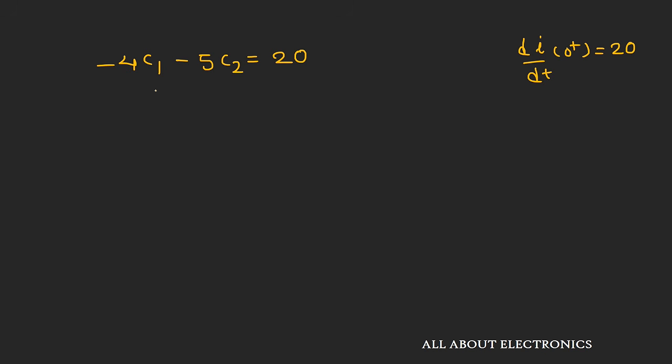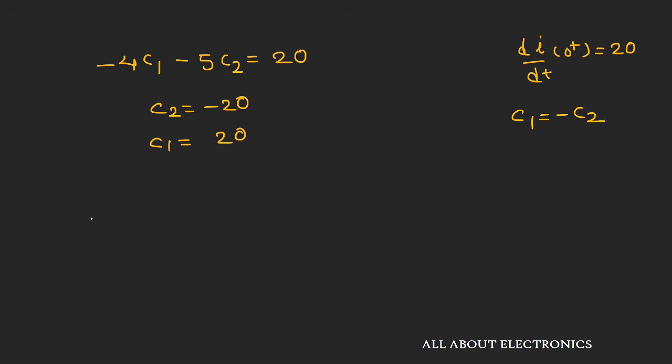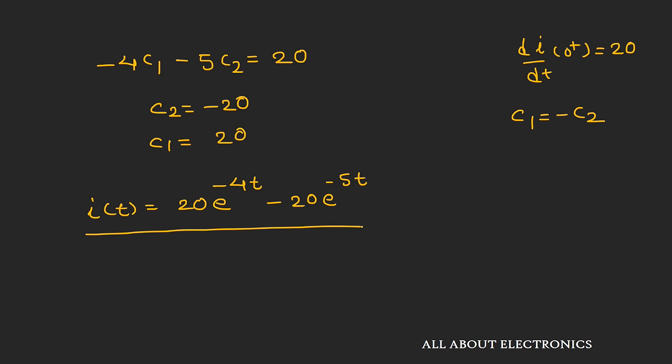And earlier we had seen that C1 is equal to minus C2. So we will get the value of C2 as minus 20 and the value of C1 as plus 20. If we put these values inside this equation, then we will get i(t) as 20 into e to the power minus 4t minus 20 into e to the power minus 5t. So this will be the equation of this current i(t) during the transient.